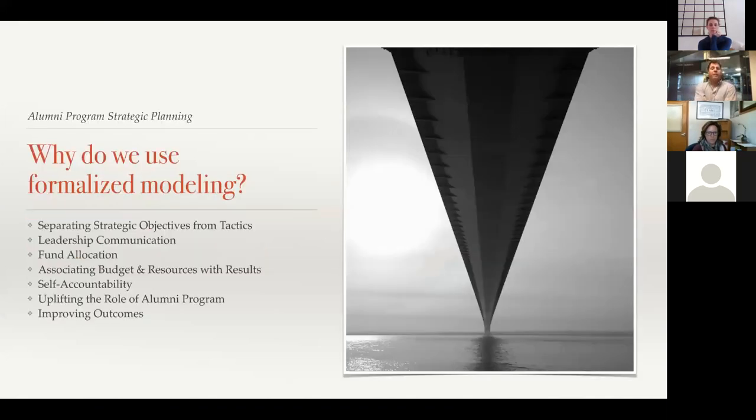First, let's go through a short list of why we use formalized modeling for strategic planning. There are a number of reasons that I've found useful. The one we're going to look at today, I've used in a number of different ways over a little over 20 years, and I found it really useful.